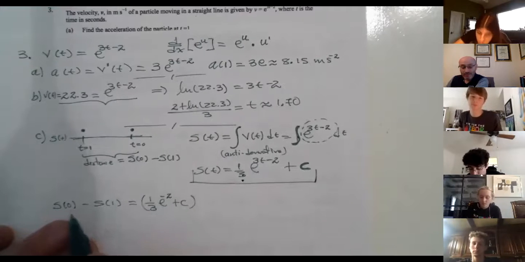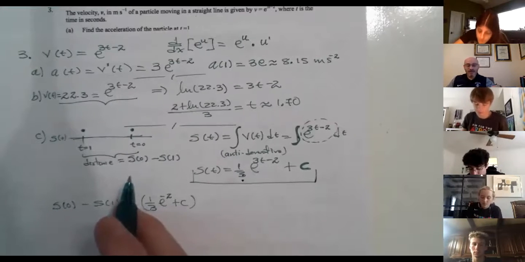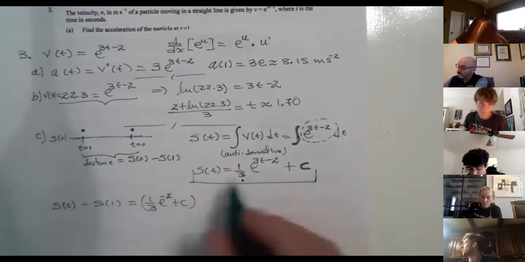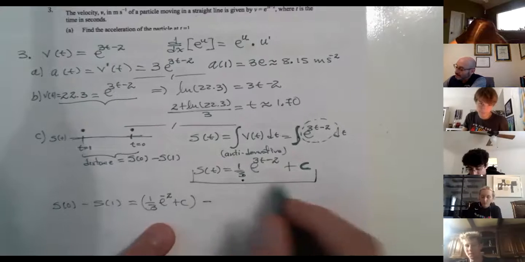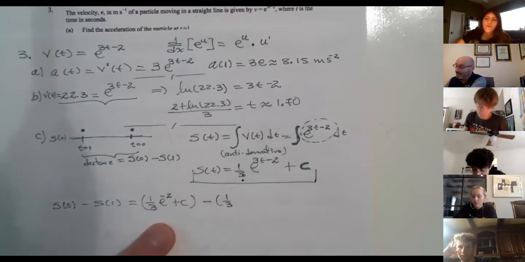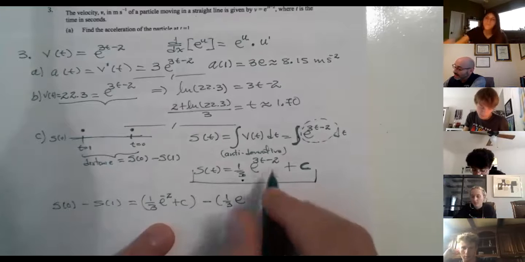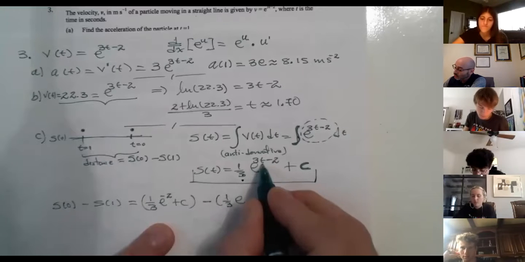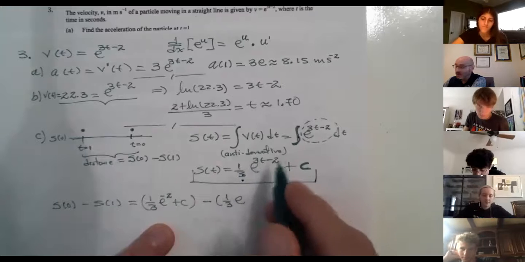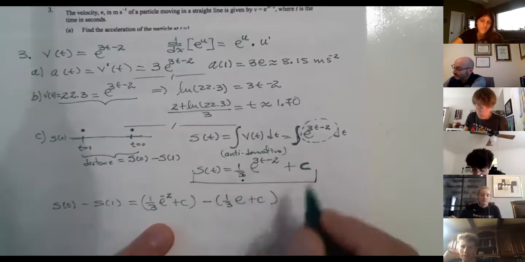That's when I plug in 0. If I plug in 1, so what are we going to get? Minus 1/3 e to the first power, because t is 1, 1 times 3 is 3 minus 2 is 1, plus c.